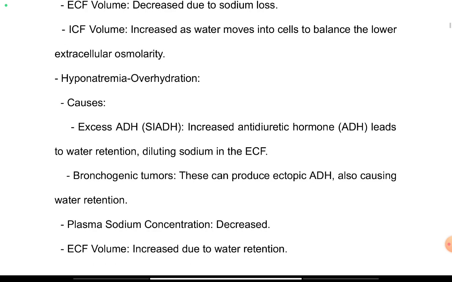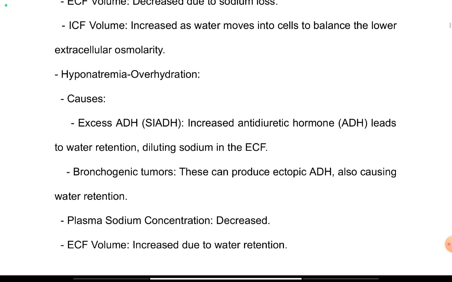So yeah, and also another cause of hyponatremia is dilutional hyponatremia. I've explained all this earlier. There is someone that drinks an excessive amount of water. I said the normal intake should be about 2 to 3 liters per day.